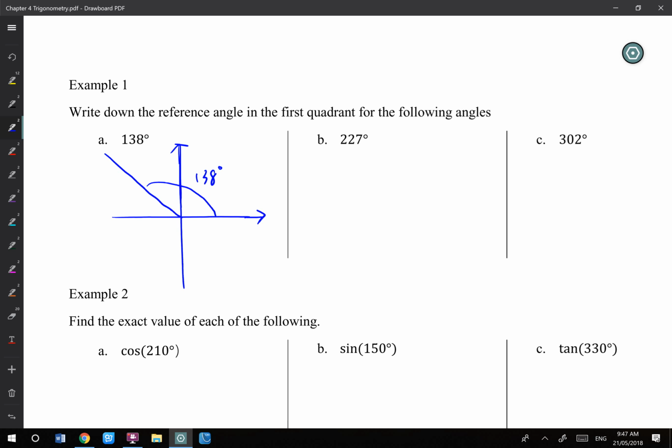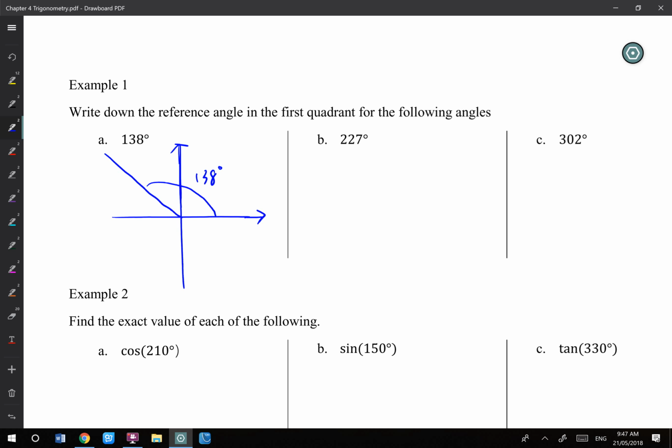Okay, what is a reference angle? I have the angle line, right? And also have the x-axis. The acute angle formed by the angle line and the x-axis is called the reference angle. So the angle line and the horizontal x-axis form an acute angle, which is this one.